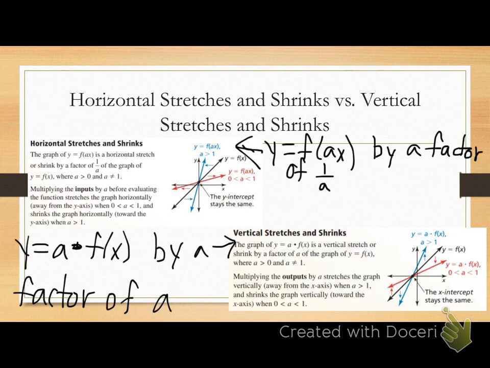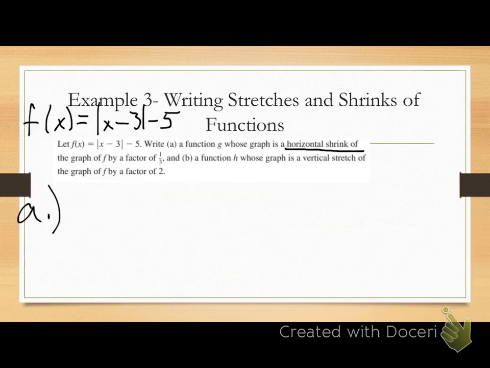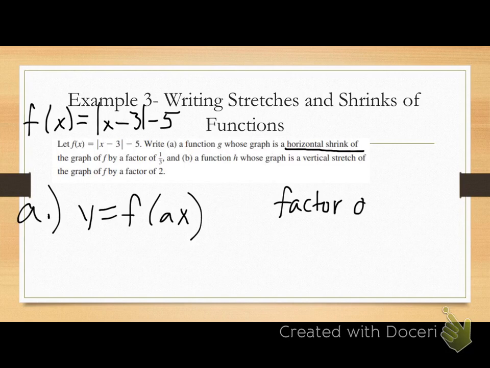So for letter A, which formula am I using? Y equals f of AX by a factor of what? By a factor of 1/A. So my A value is 1/A.